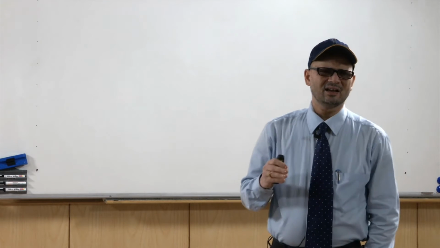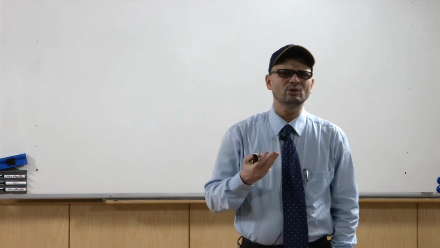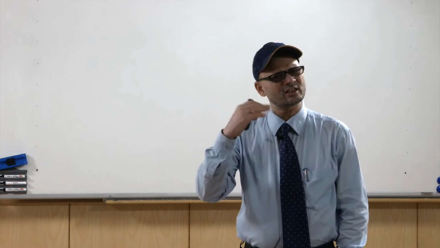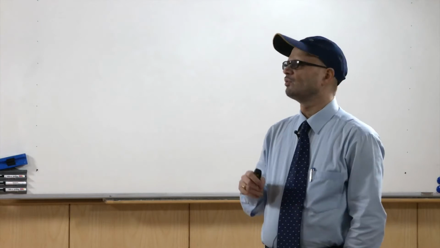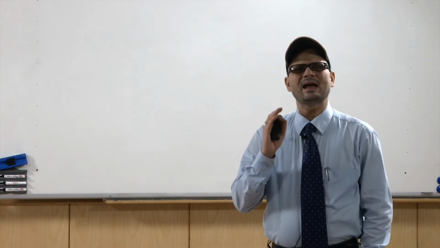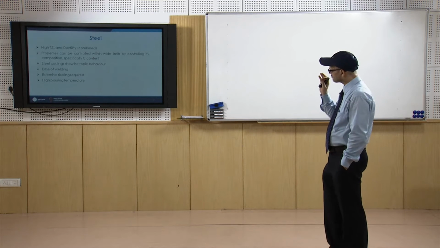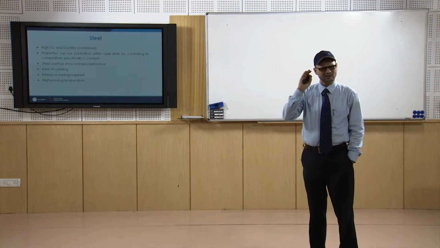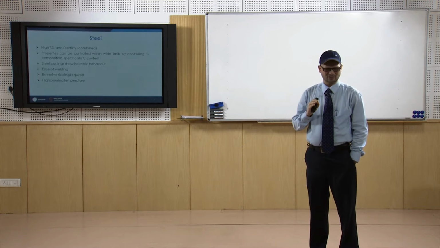Challenges may be related to refractory life, gas pickup, and handling. There are a lot of issues when we deal with metal at higher temperature. These are the issues which are required to be addressed and taken into account when we go for steel casting.